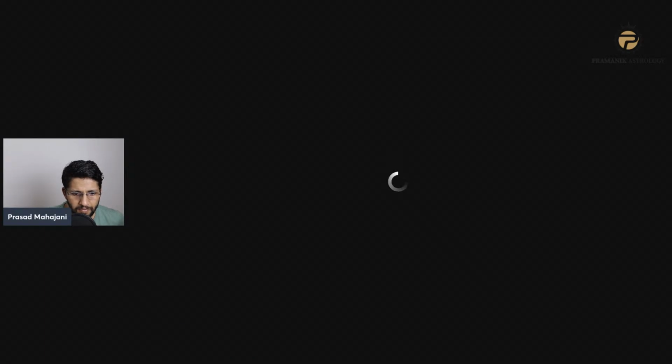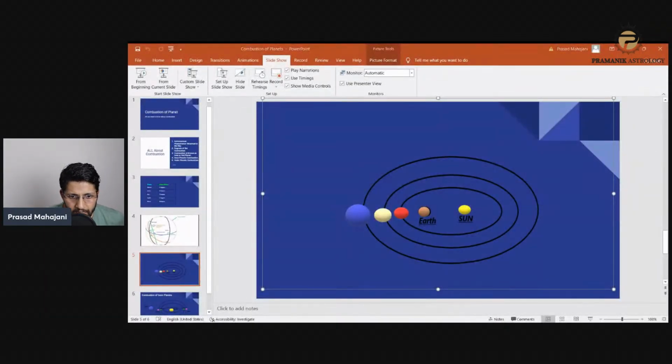When outer planets get combust, the sequence is like this. There is Earth, there is Sun, and the outer planets, Mars, Jupiter, and Saturn. Now you will see that Earth is between the Sun and the outer planets.